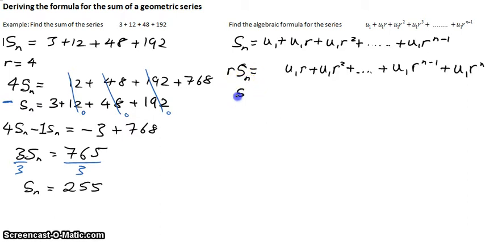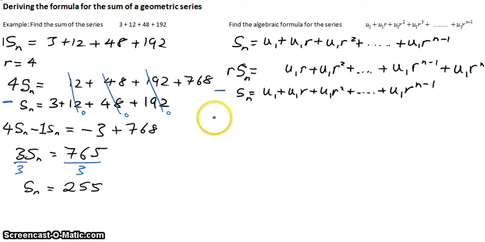Let me rewrite the original underneath, and you'll see it match up again quite nicely, except for the fact that it stops right there. Okay. Now do the subtraction again. r lots of Sn take away 1 lot of Sn.